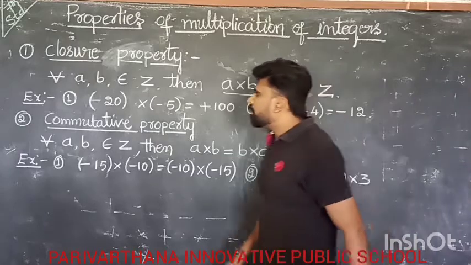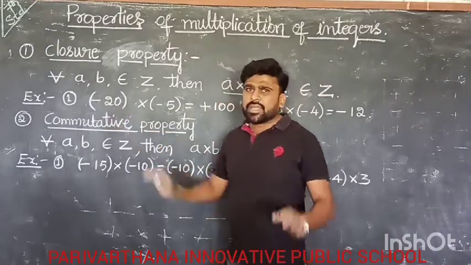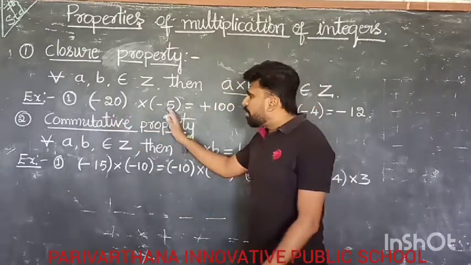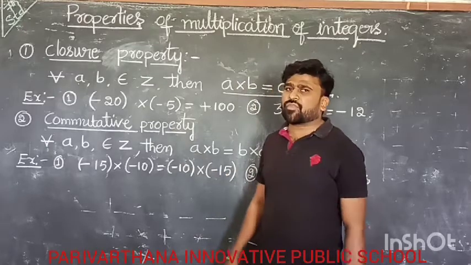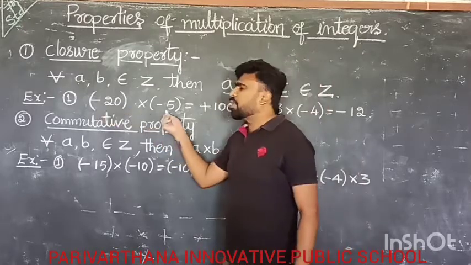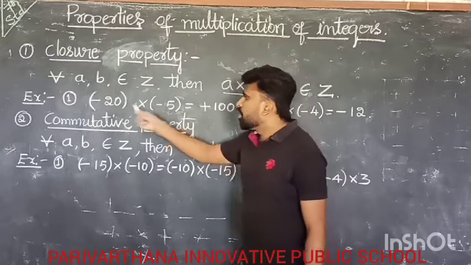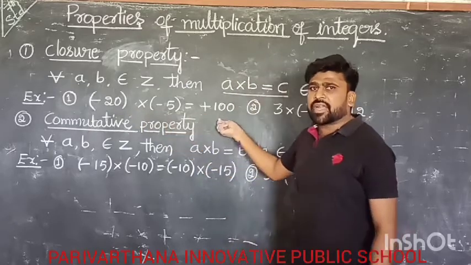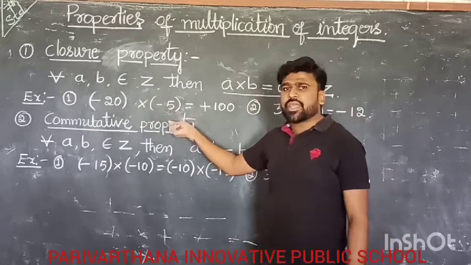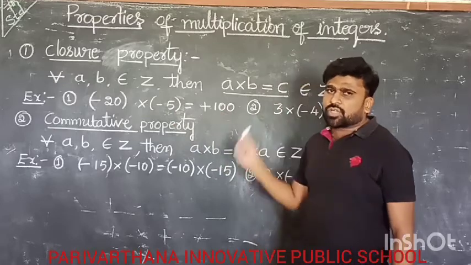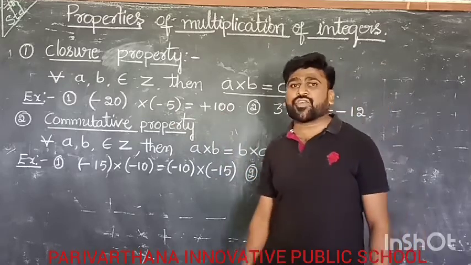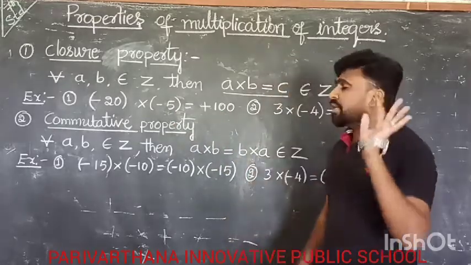See the example here. Minus 20 is an example of an integer. Minus 5 is also an integer. Minus into minus, answer is plus. 20 fives are 100. That means a into b is equal to c, and the closure property is satisfied under multiplication.